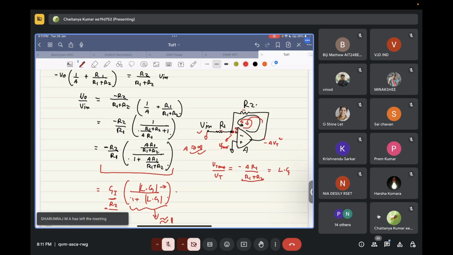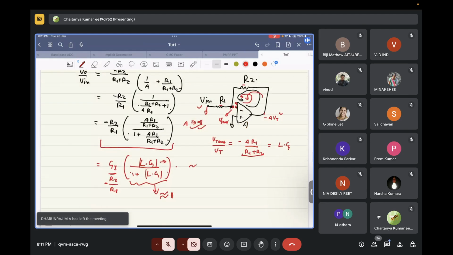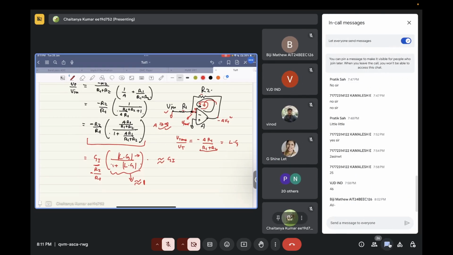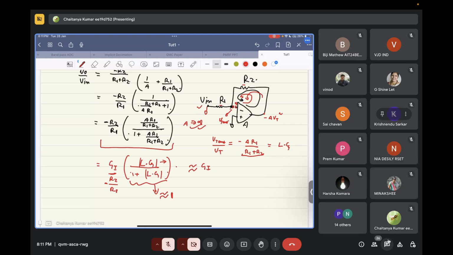So in that case, you will almost approach the ideal value, that is minus R2 by R1. Is this clear? Okay, so I hope this is clear.